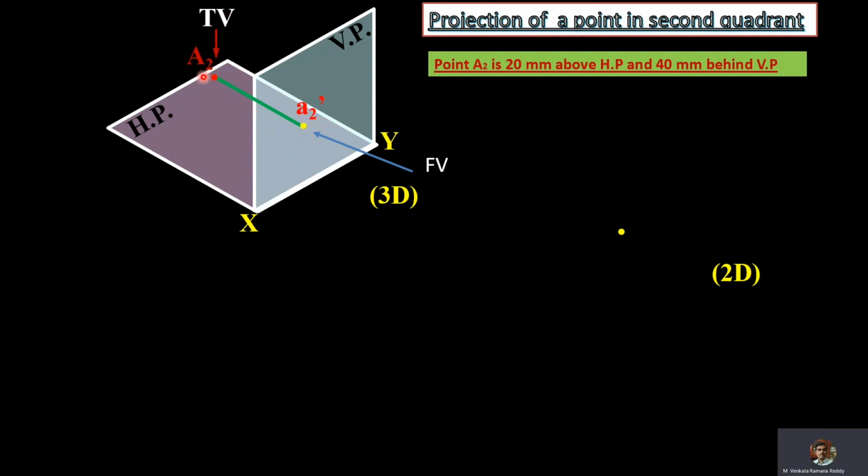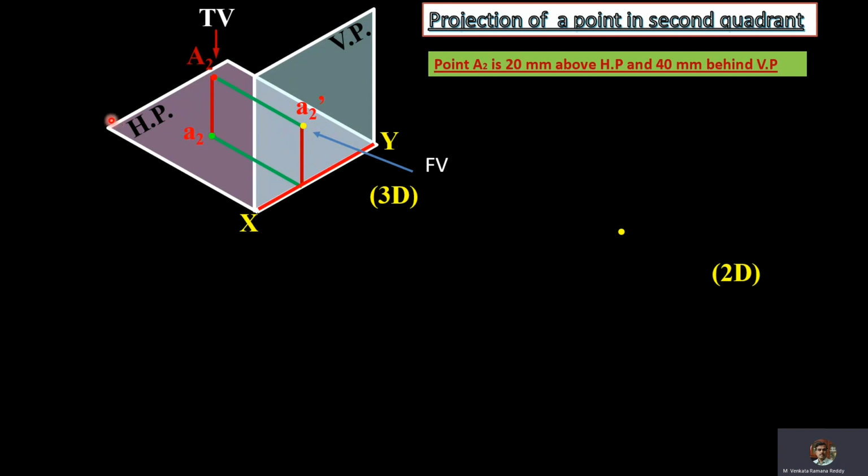Now we'll see the top view. In the case of top view, we'll see the distance of the point from the vertical plane, and the top view is projected onto the horizontal plane. This is the top view.